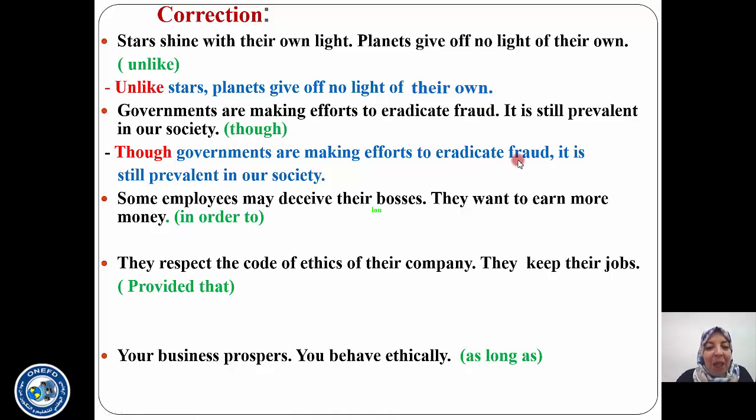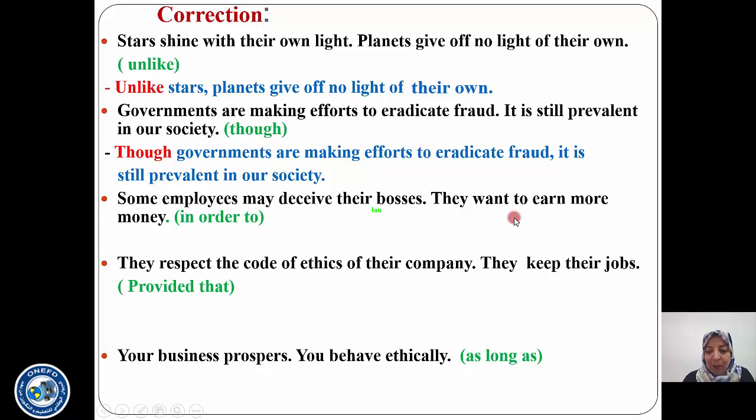Okay? Now let's write a sentence with "in order to" to express purpose, of course. "In order to", as you can see, should be followed by a verb, right? So again, we need to make changes in the next sentence. So where is the purpose here? Is it the first part or the second?